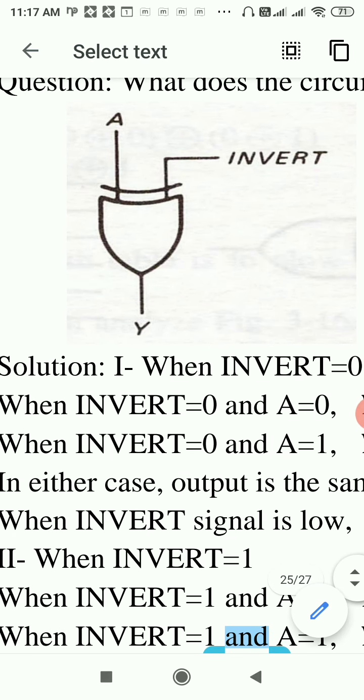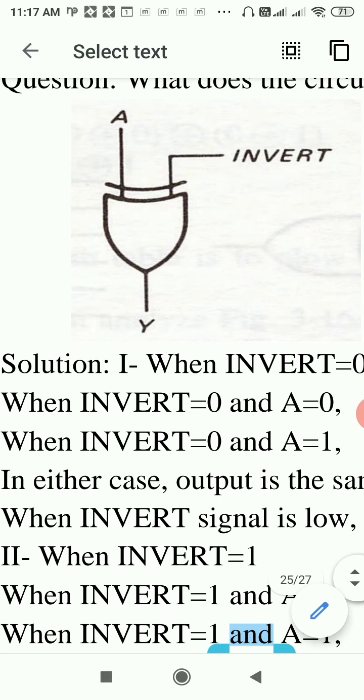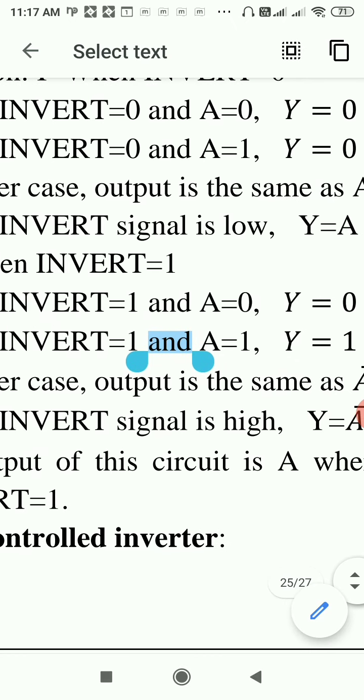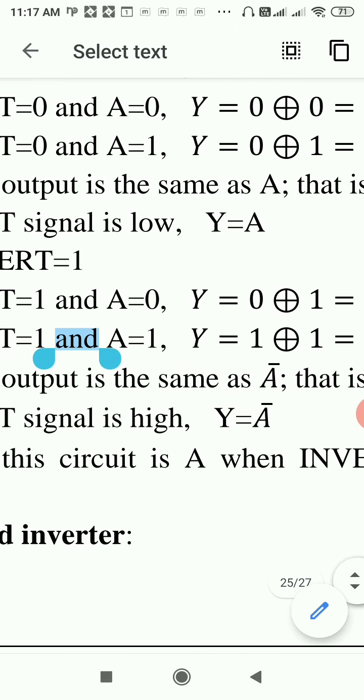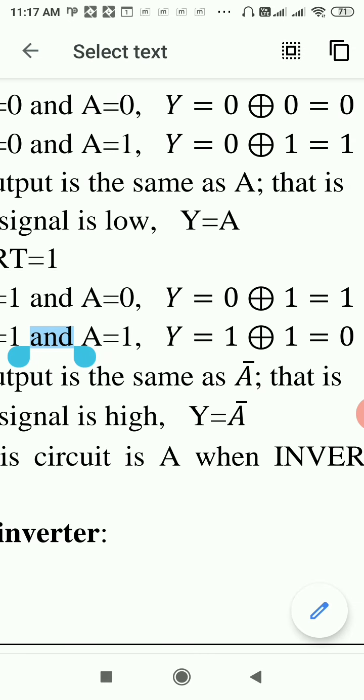So Y equal to A when invert is 0. Similarly, if invert is 1, then we see what will be the output when A is 0 and when A is 1. When invert is 1 and A is 0, output of this XOR gate will be 0 XOR 1, that is 1.